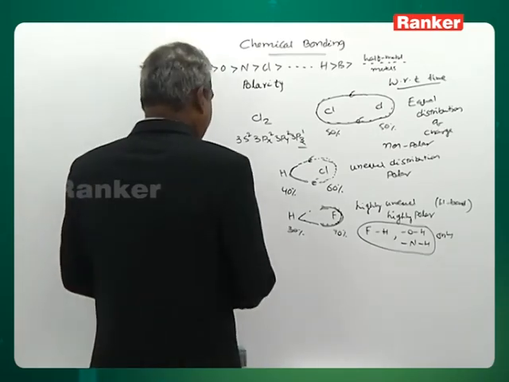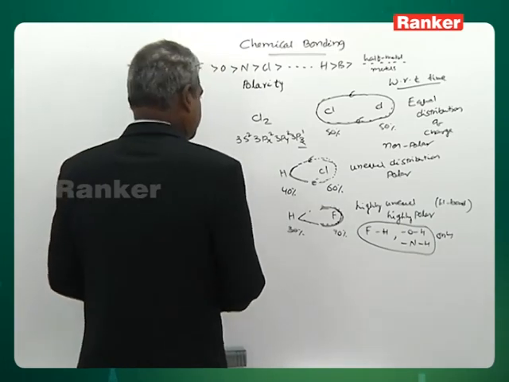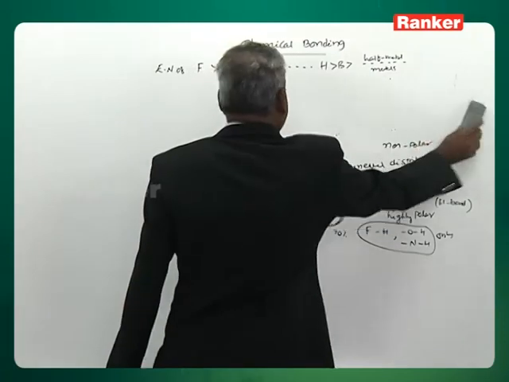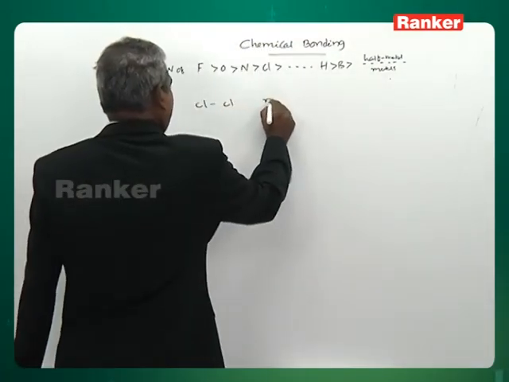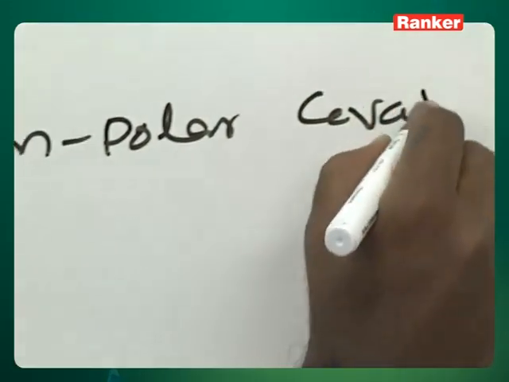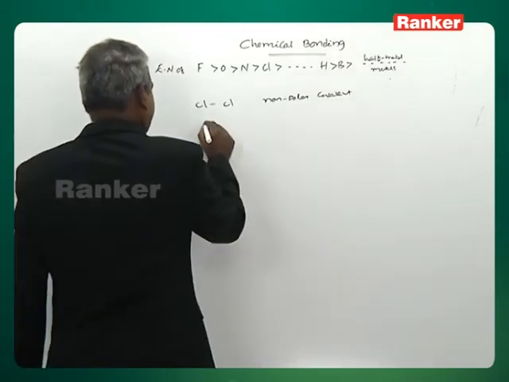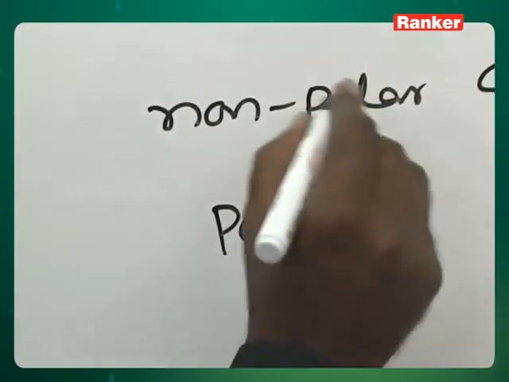Now, NaCl is indeed a very special case to discuss. So, let me conclude. Cl2, non-polar covalent bond, equal distribution of charge, 50%, 50%. HCl, polar covalent bond.